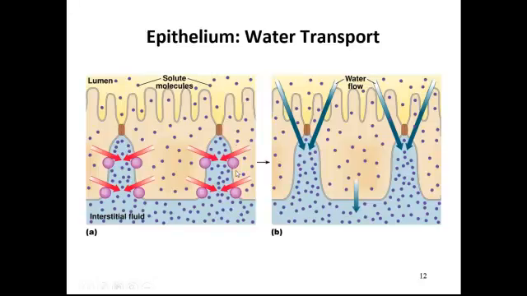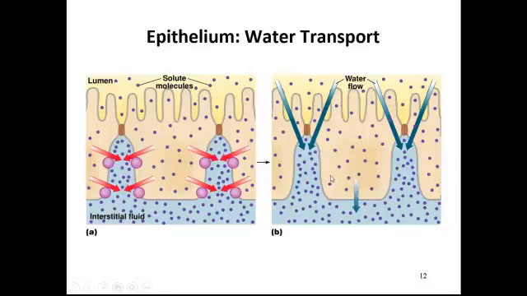So let's look at this example of water transport over the epithelium cell. These ones are the epithelium cell. You can see the arrows pointing from the epithelial cell to the interstitial fluid.